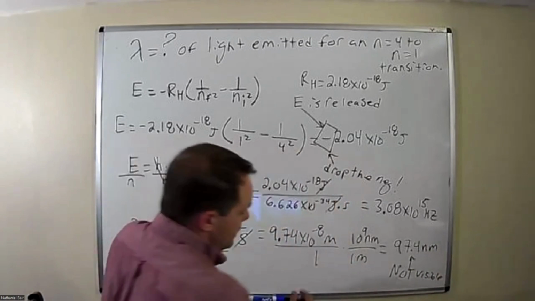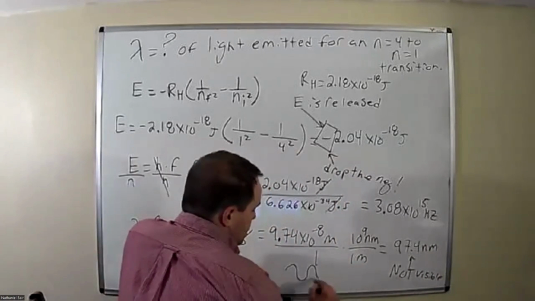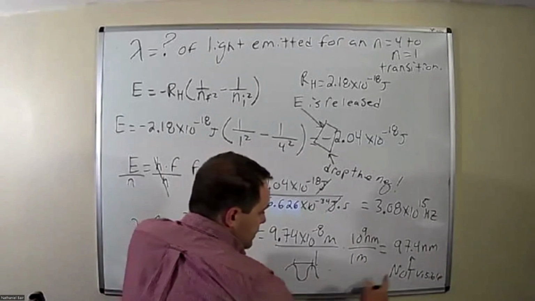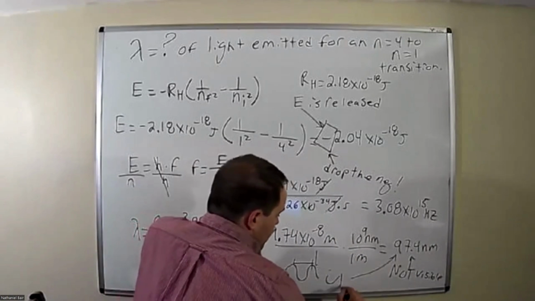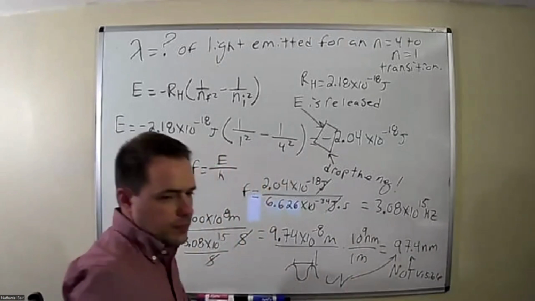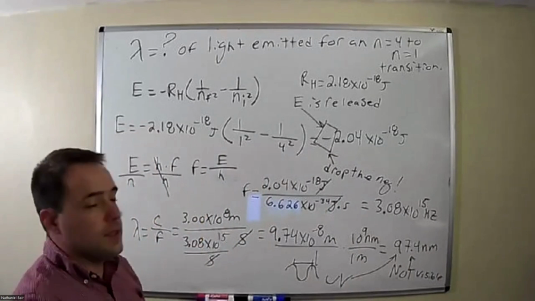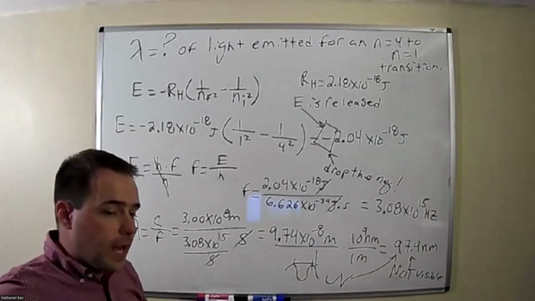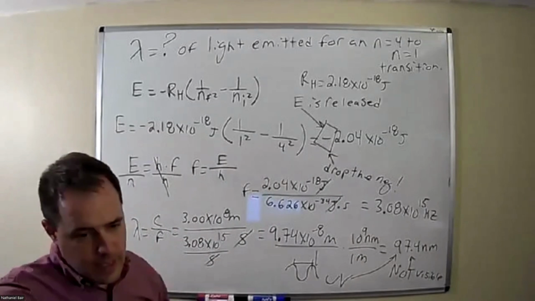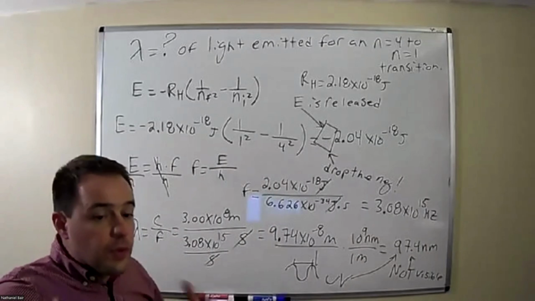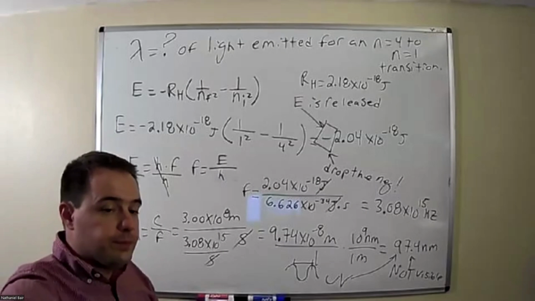That wavelength is too short. This is ultraviolet. It's an ultraviolet emission line. We can detect it with a detector that picks up UV light, but you'll never be able to see that light with your eyes in a spectroscope.